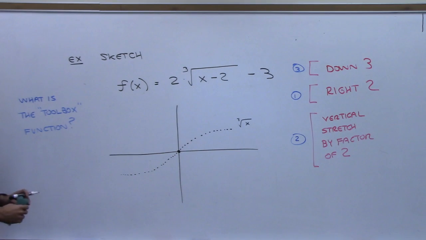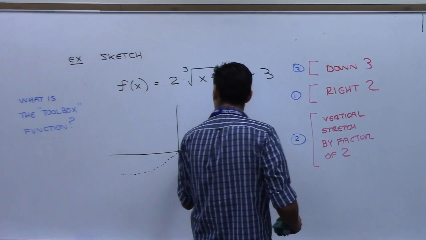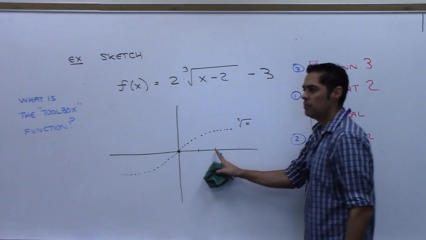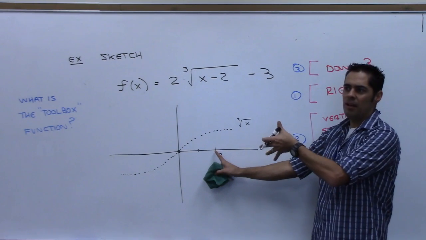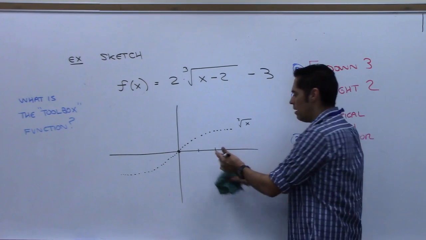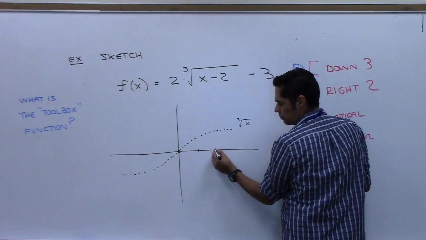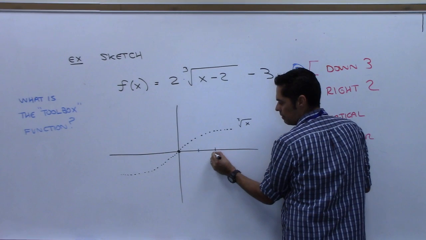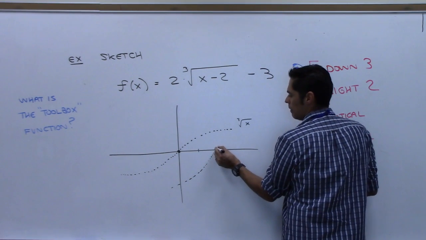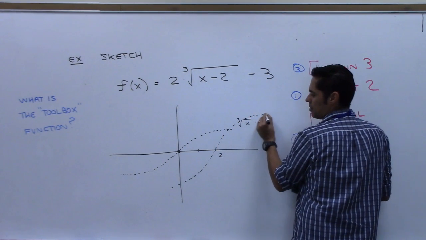So first thing I'm going to do is right 2. Right? That's where I am now. And then I stretch. Now the stretching is the next thing to happen, but it's hard to draw it right now. If I were to stretch it, it would probably look more like this now.